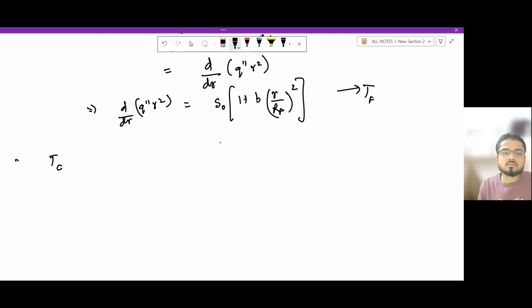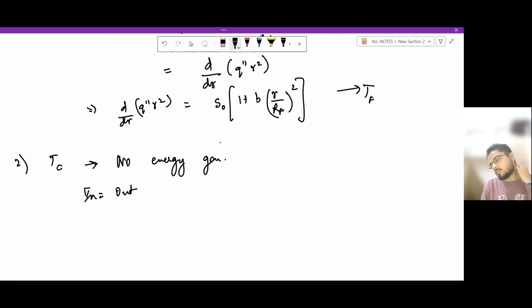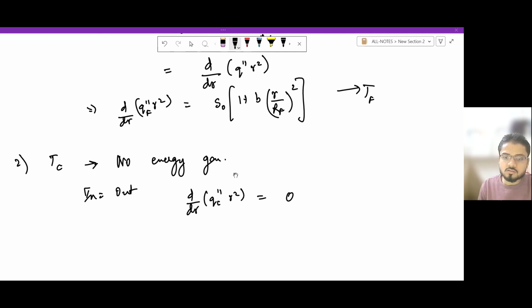Now for T C, this is the set 2. There would be no energy generation, so only in would be equal to out. And an identical control volume analysis would yield something of this form: q C double prime r squared would be equal to 0, because the energy generation is 0.